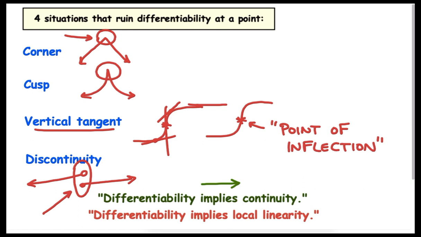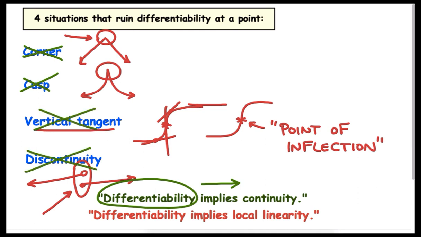So if you are differentiable, in other words, if we can take derivatives on you everywhere, well, that implies that you have to be continuous. Because if you're differentiable, then none of these 4 things are happening. And if discontinuity can't happen, then you have to be continuous. Kind of makes sense. All right, so that one's out of the way.